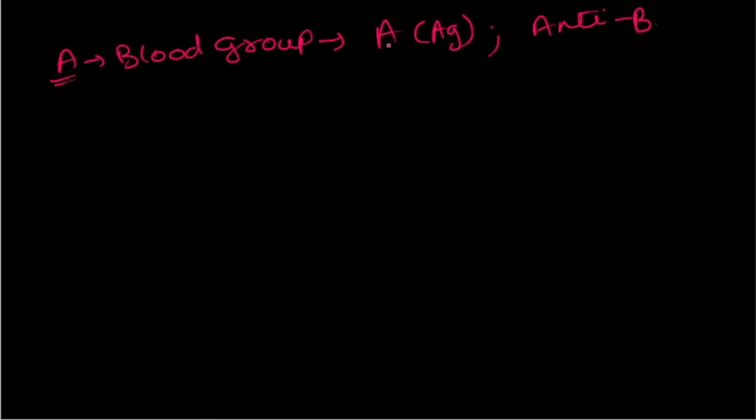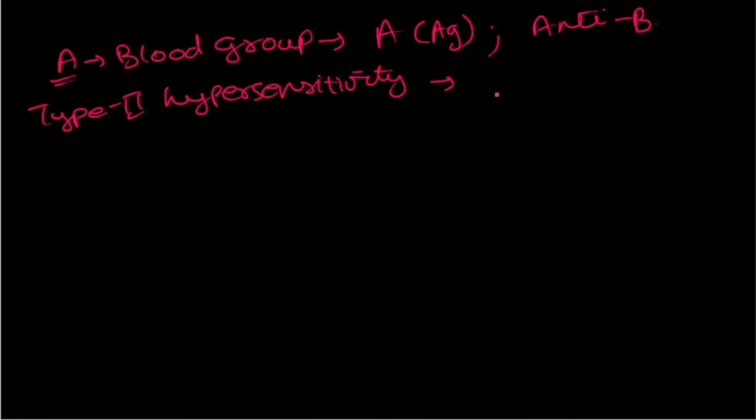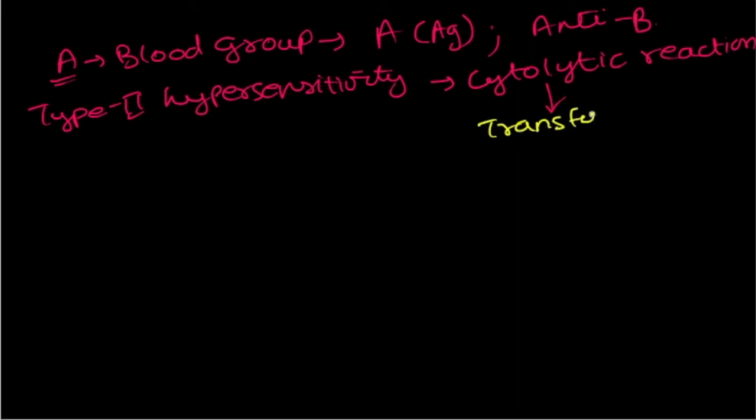This type of reaction is commonly seen in the cases of type 2 hypersensitivity, which is also called the cytolytic reaction. Now, why does this cytolytic reaction occur? This cytolytic reaction is associated with the transfusion process.